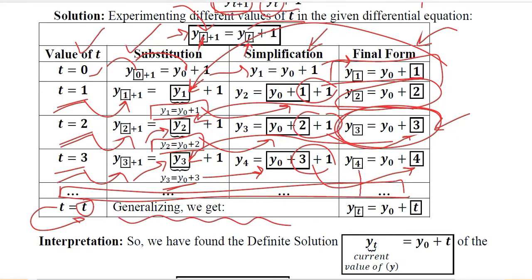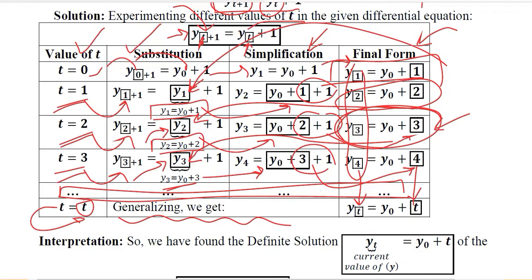Generalizing the pattern, instead of this box where we had 4, we can write t, and here again it is t, because this is the substitution that we are observing, that whenever we put a certain value, it continues in the subscript, that is 1 2 3 4, and it goes down to this level.